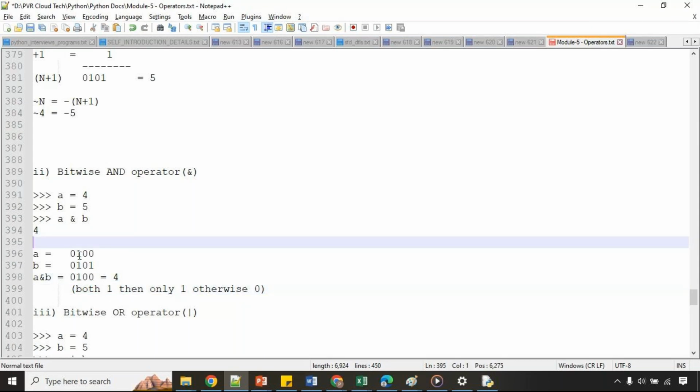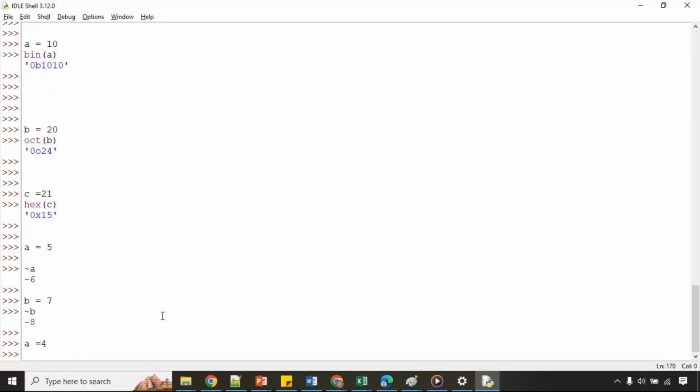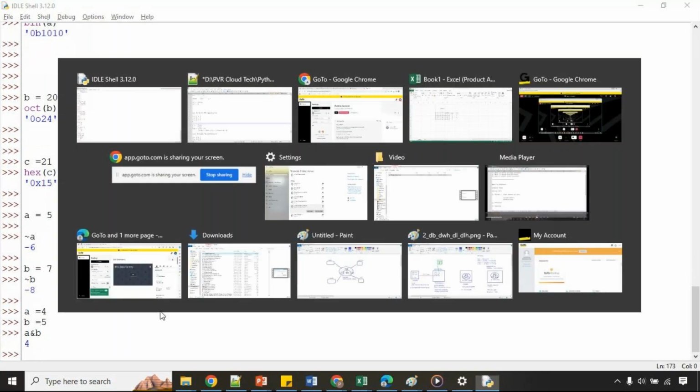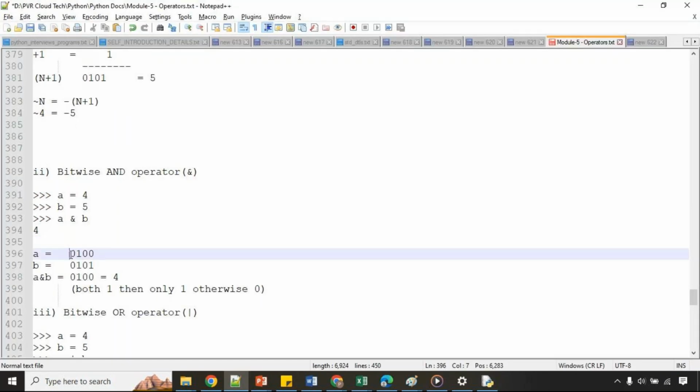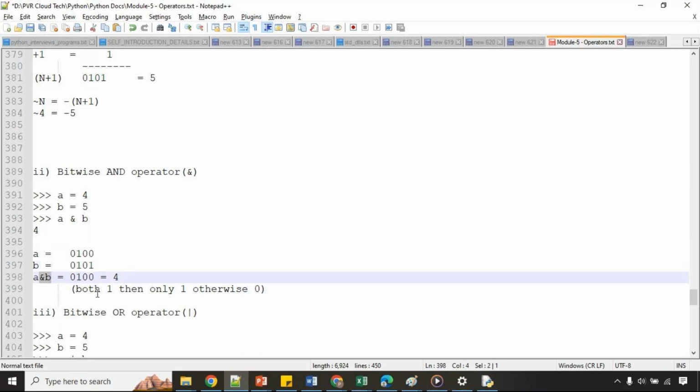A equal to 4, B equal to 5. So here you can see this is the formula. This is the binary number. This is the binary number. When you do A and B, if both are 1, then only 1, otherwise 0.